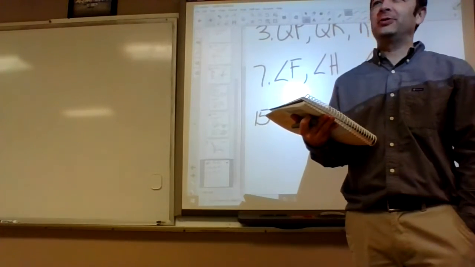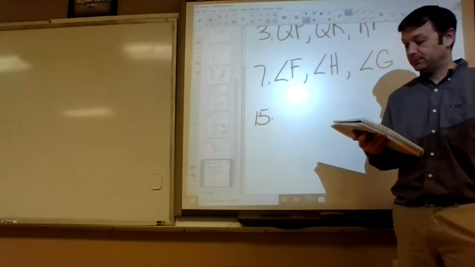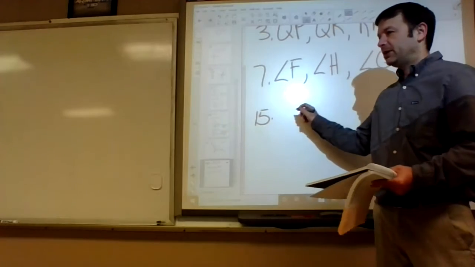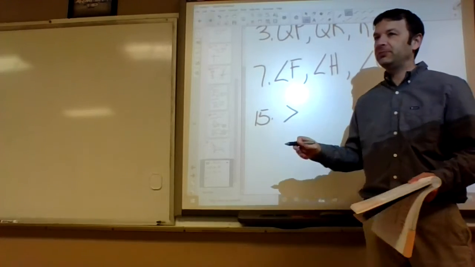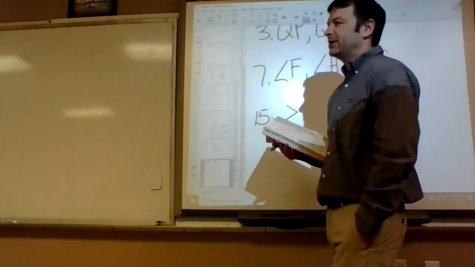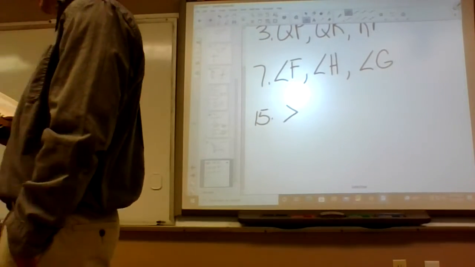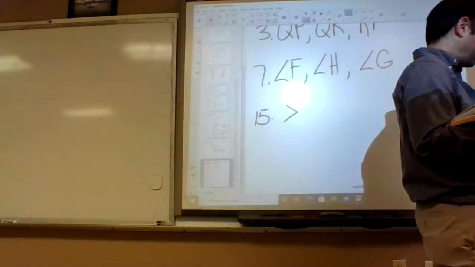In the picture, would angle 4 or angle 2 have to be bigger? Angle 4. Okay, remember that the mouth eats the big one, right? So the mouth should be open that way. Angle 4 is bigger. By what theorem, postulate, property I guess it says, what's the rule that says that's true for number 15?